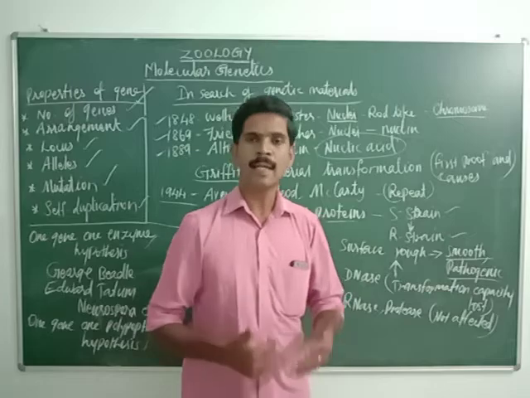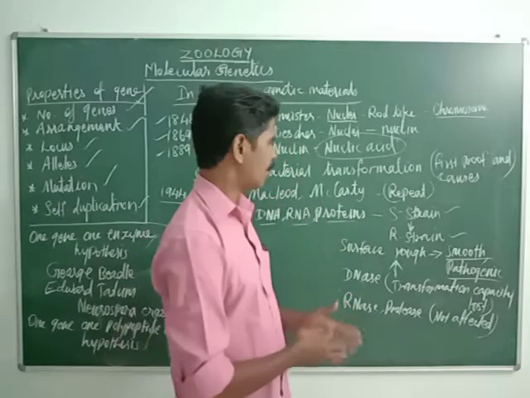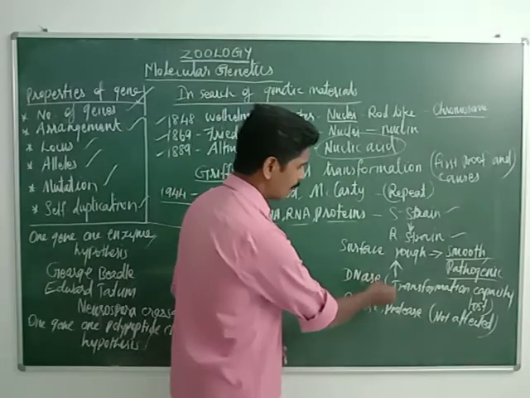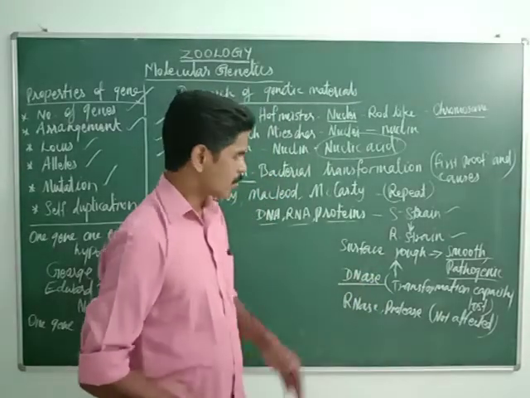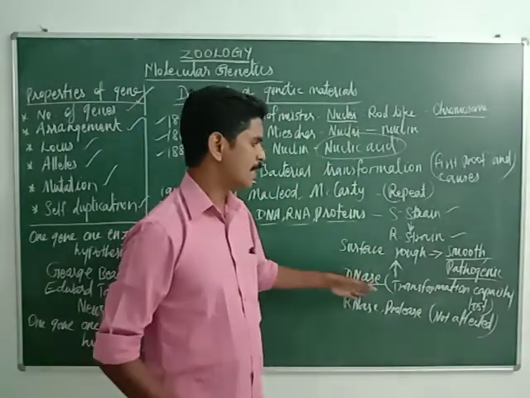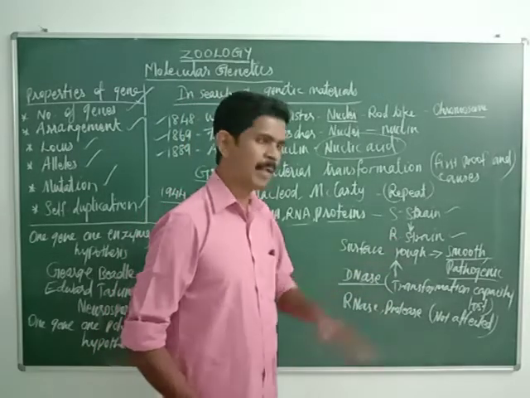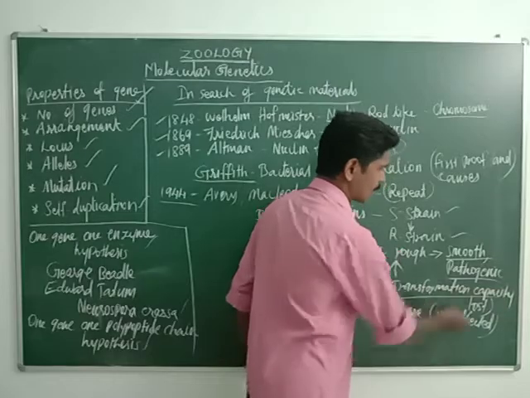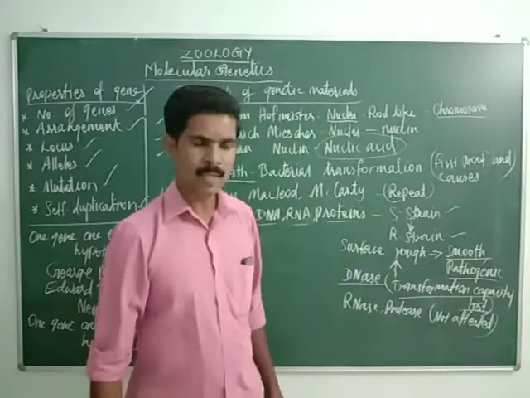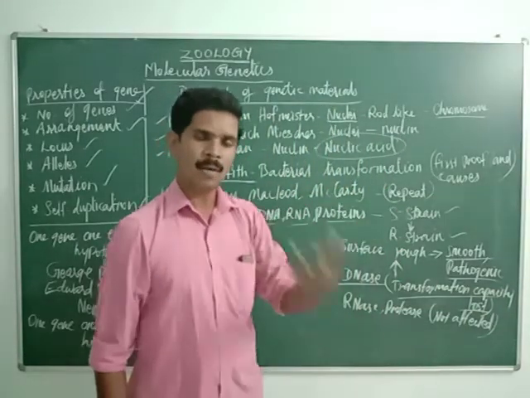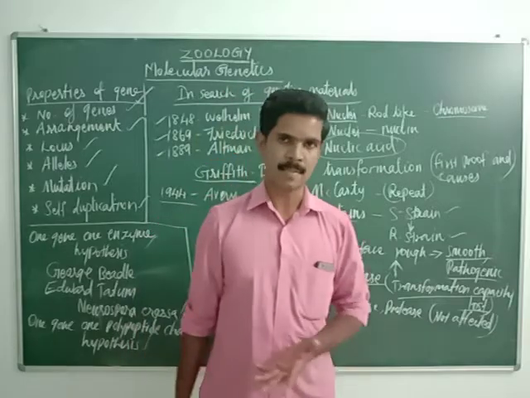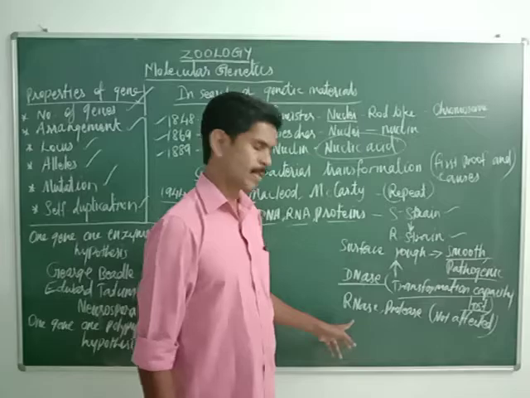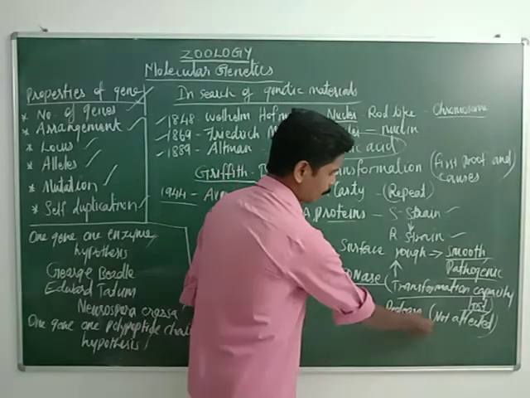Then, now they added one enzyme in the R-strain bacteria. The name of the enzyme is called DNase. When they added this DNase enzyme, immediately the transformation capacity is lost. The R-strain bacteria lost their transformation capacity. And they added another 2 enzymes, RNase and protease.